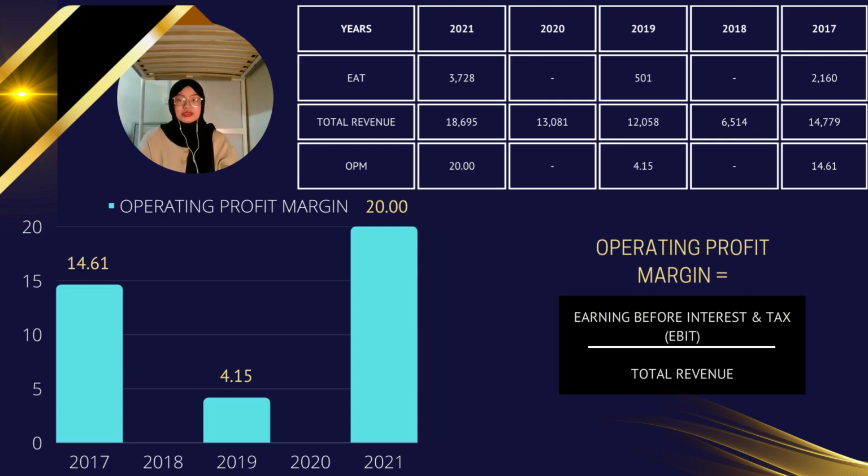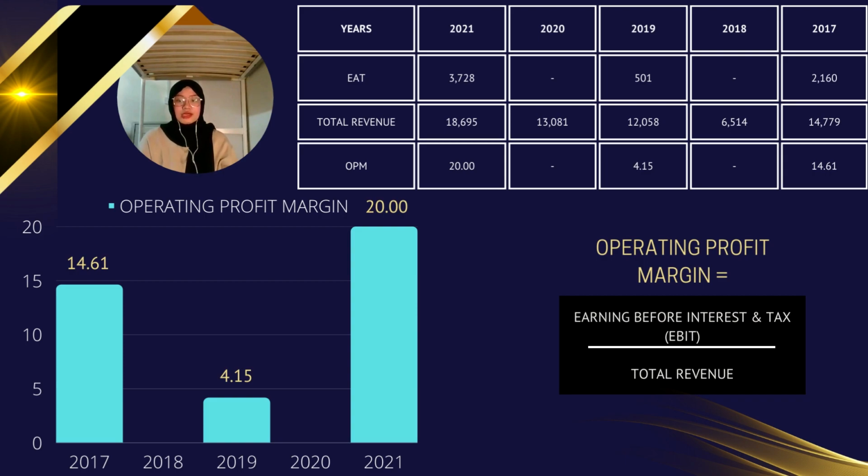The OPM seems to sharply increase from 4.15% in 2019 to 20% in 2021. The growth of OPM indicates that the firm is earning enough money from business operations to pay for all of the associated costs involved in maintaining that business.